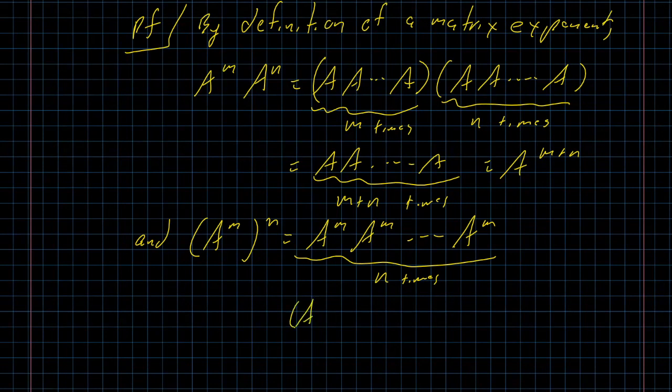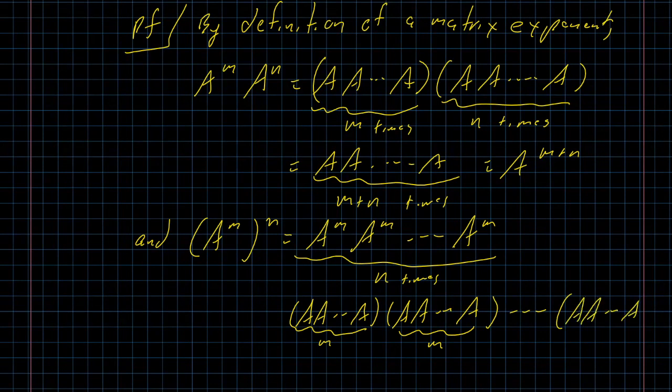Oh, that's A multiplied by itself m times. And so we have A multiplied times itself m times, and then we have n of them.